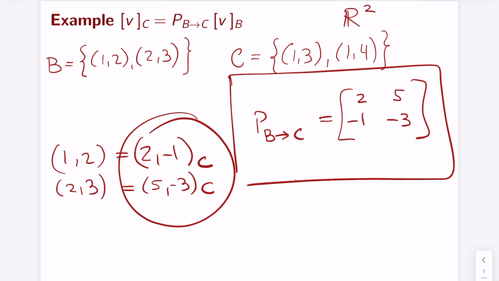But suppose that this second base, the base C, were the standard. You see that case would be really easy, right? Because the coordinates will be just (1, 2), just what they are if one of the bases is the standard.